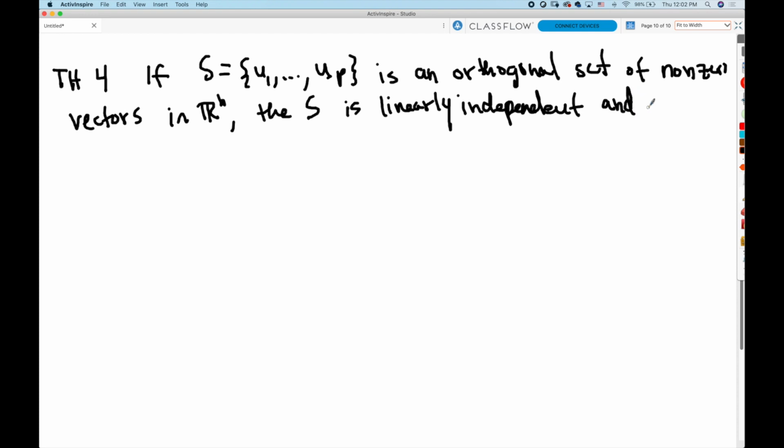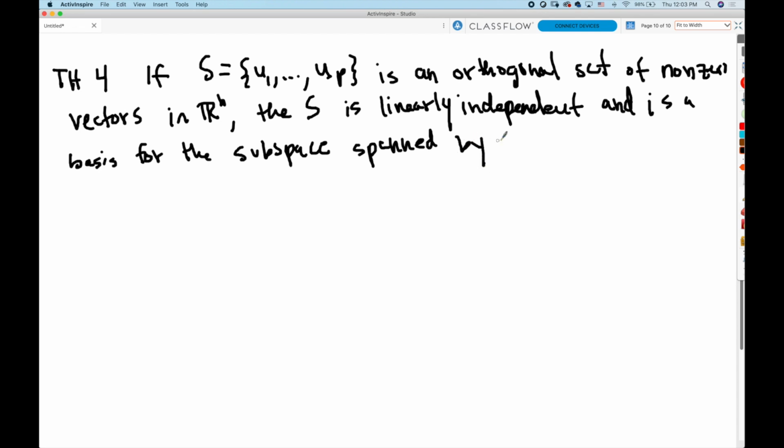And since it's linearly independent, we can say it's a basis for the subspace spanned by S. There's a proof in the book, so I won't prove it. I'll let you see the proof in the book.